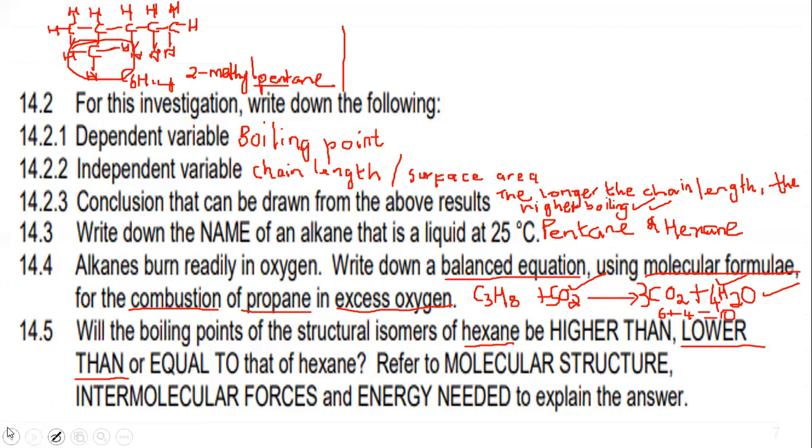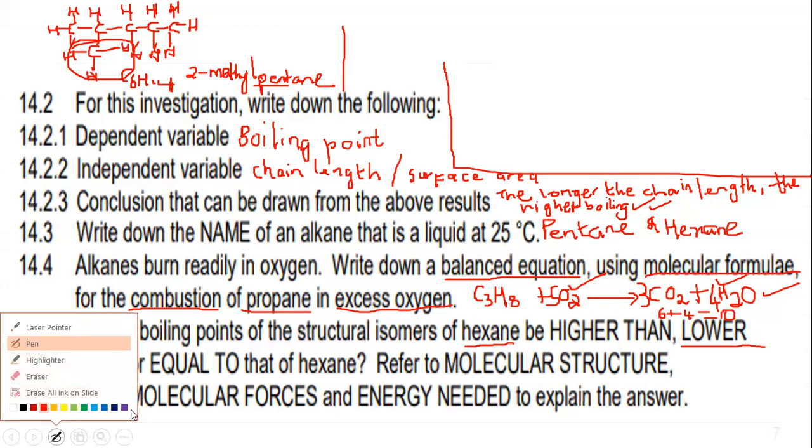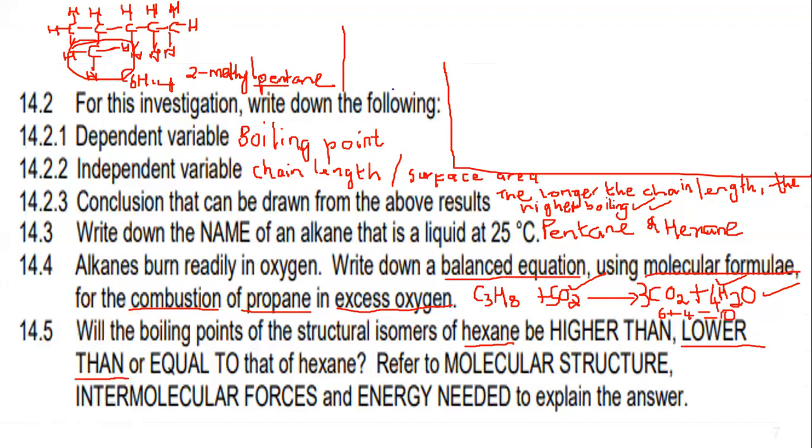Are we together? Now we must explain. Remember, I taught you, and I will just write this in purple. This is for question 14.5. I said we will use 3 headings. Remember, here it's a favor for them to tell you what to refer to.